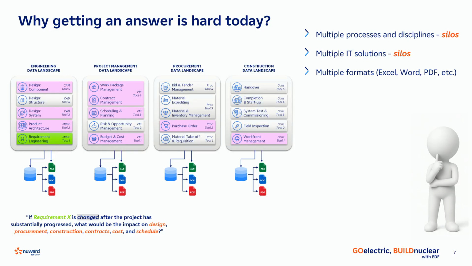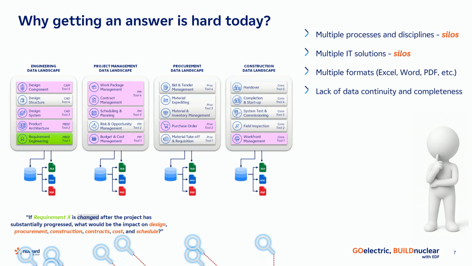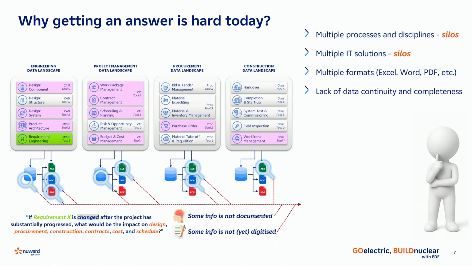Now, if you try to get the data from this to be able to answer your question, you will have to face a lot of multiple formats, Excel, Word, PDF, to extract the information from all these solutions. And if you really look at the question and the fact that you want to get relations between them, you will start to see that there is a lack of data continuity.